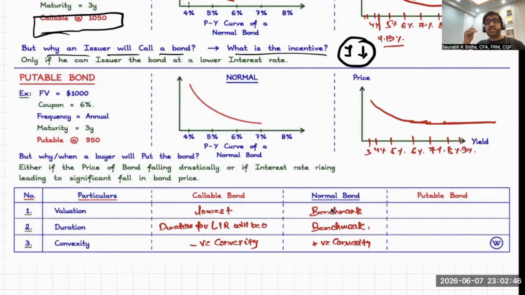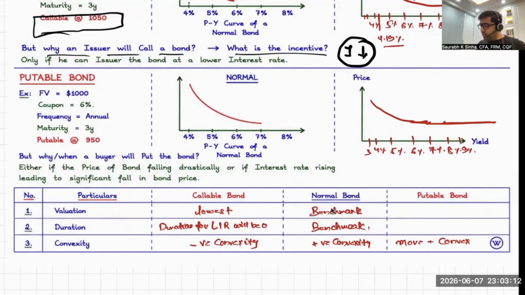The bond price is not falling as much as we would expect. It is better than the convexity of a normal bond, so you can say it is more positively convex. I love this feature as a bond buyer because the bond price cannot fall below 950.